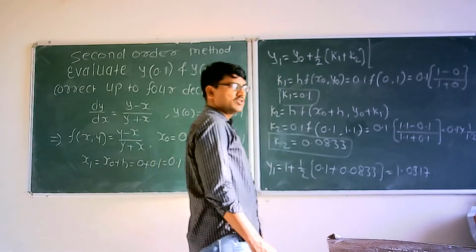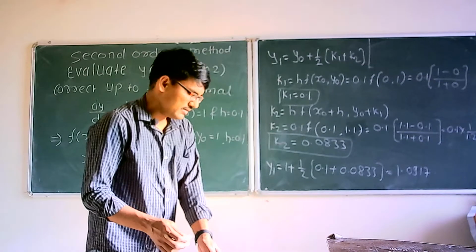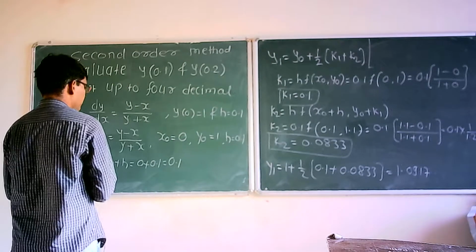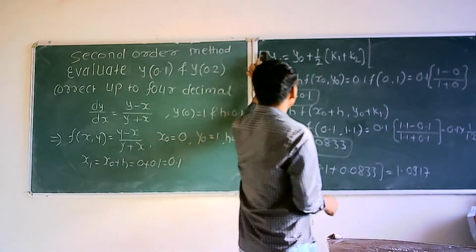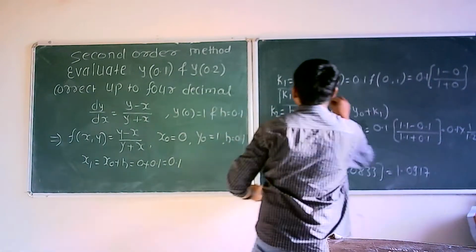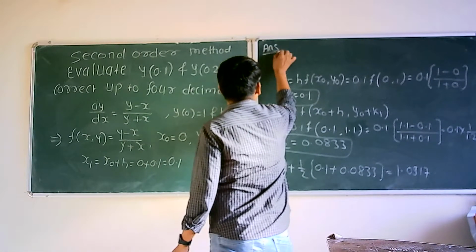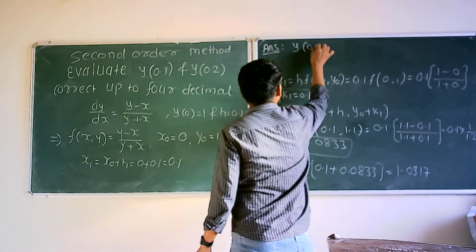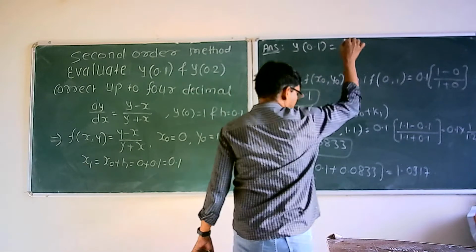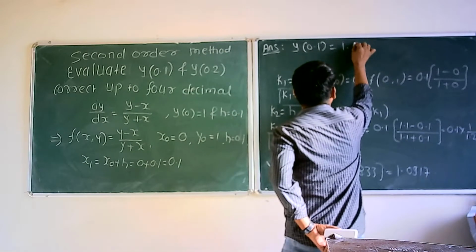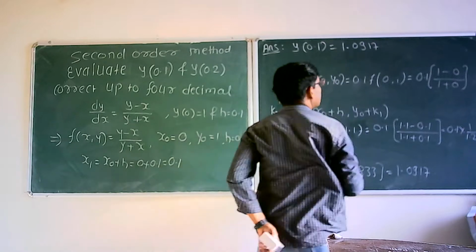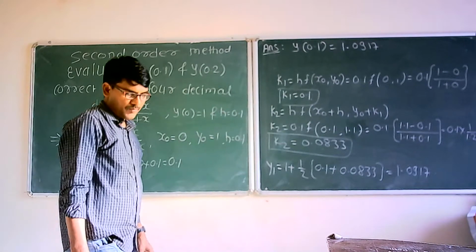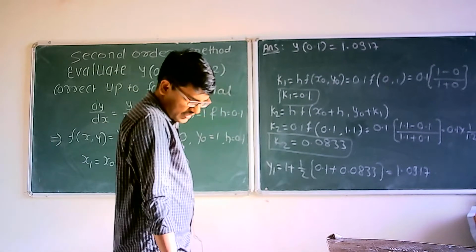So this is the value of y of 0.1. The answer: y of 0.1 is equal to 1.0917.